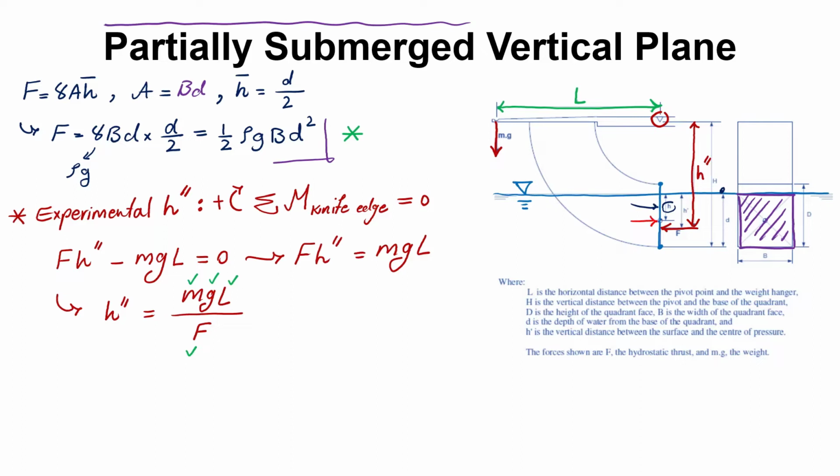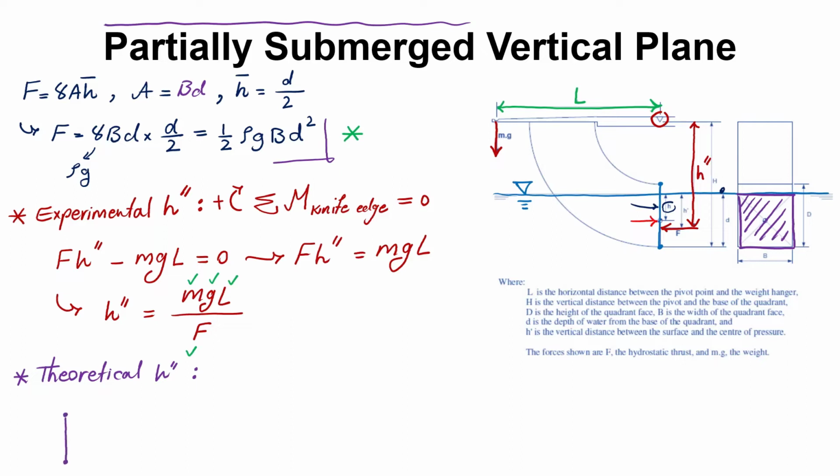Now, theory also gives you another equation for h double prime as well. What do I mean by that? So our next objective is to find the theoretical h double prime. If I want to show you that flat surface, it would be something like this.